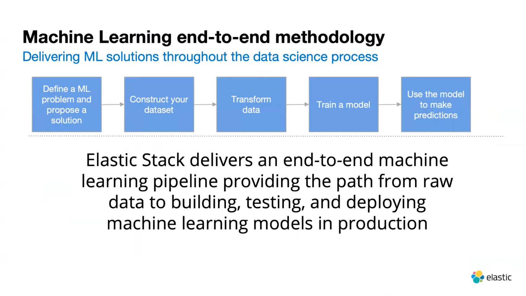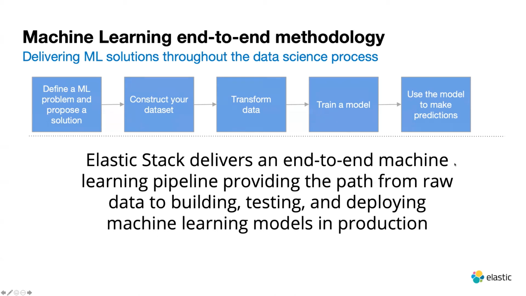So one thing we want to be able to do is enable Elasticsearch as a machine learning pipeline. It is an end-to-end learning capability, and you could bring the data into Elasticsearch, construct your data set using data frame analysis, transform that data into something you could use, train a model, validate your model, and finally use that model for prediction.